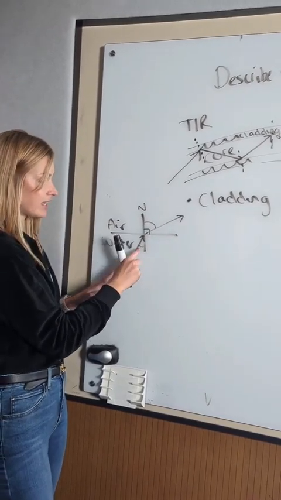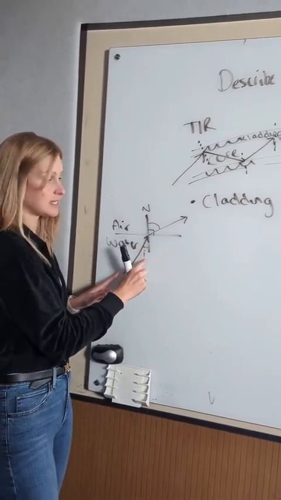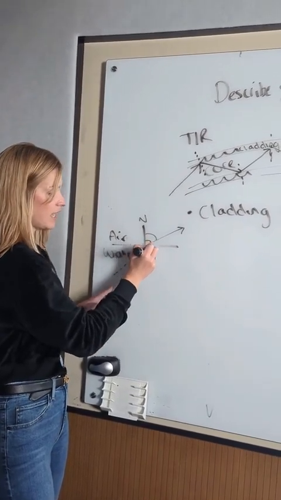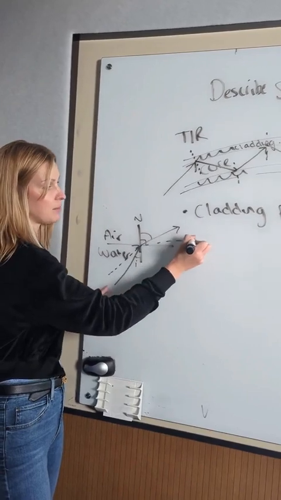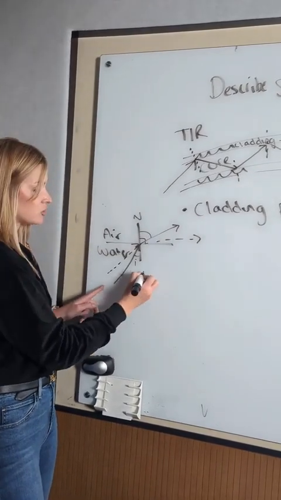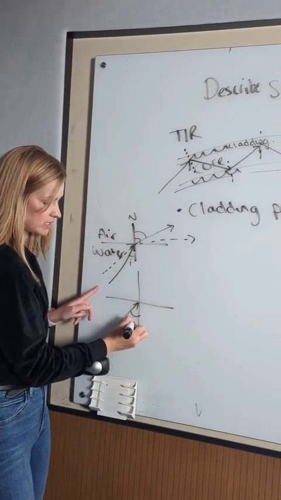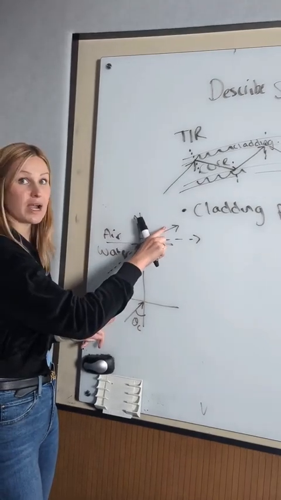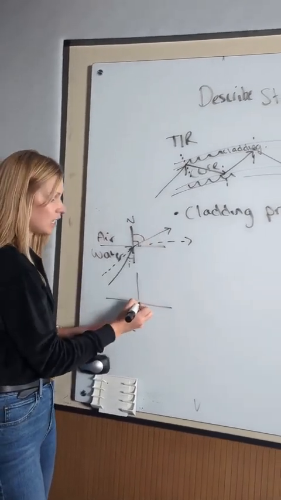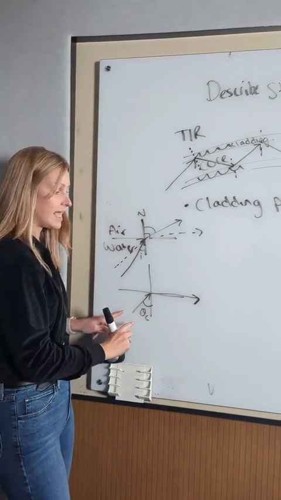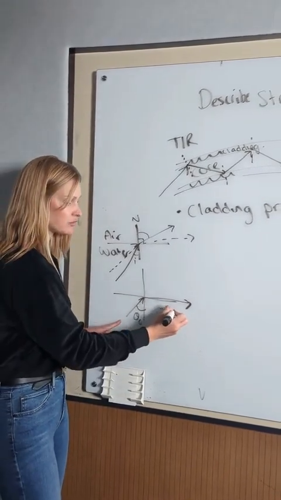What I can see is if I keep increasing this angle of incidence, this ray is going to keep bending away from the normal. And then there's going to be some angle called the critical angle, for which this ray gets refracted along the boundary. And that's my condition for total internal reflection.